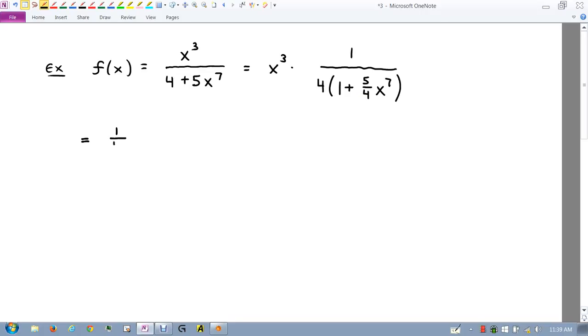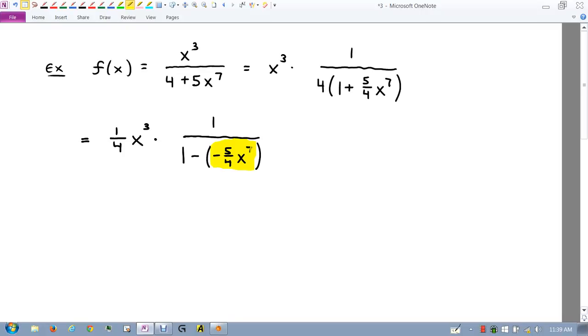I'll put 1/4 x cubed instead of x cubed over 4. 1 over 1 minus negative 5/4 x to the 7th. That should do it.